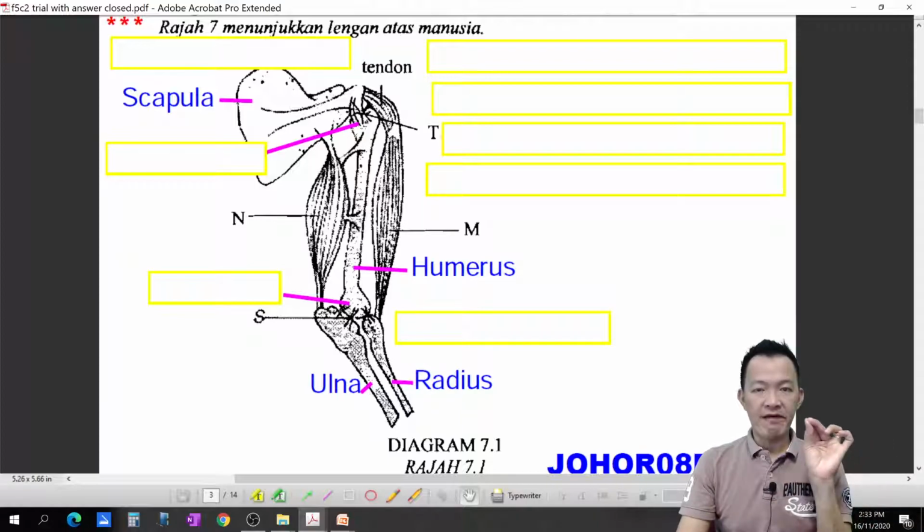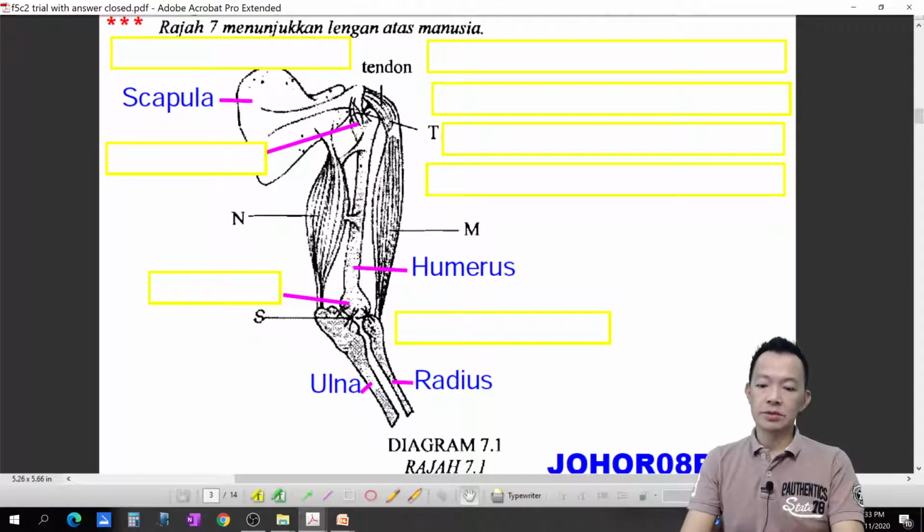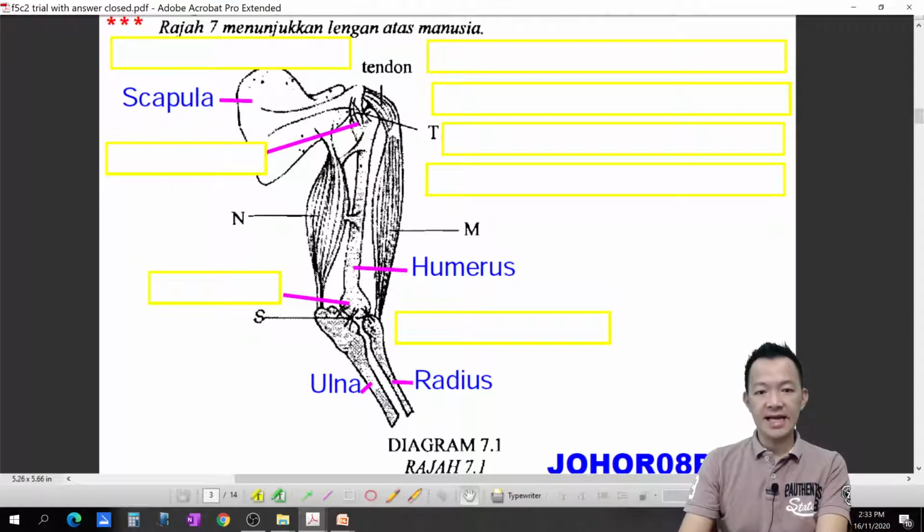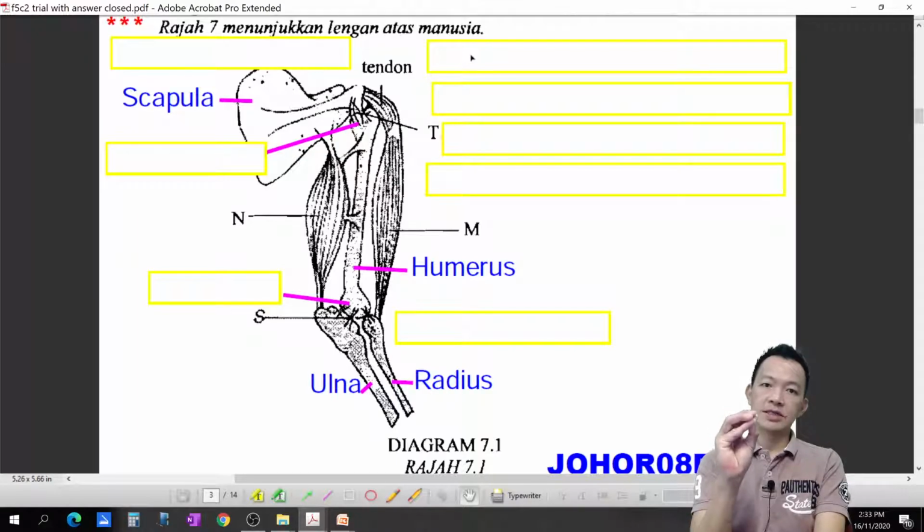So any similarities between two type joint? So both of them they are freely movable joints. 它们都是自由活动的 joint。S 和 D 到底有什么共同点？Both of the joints can move freely.